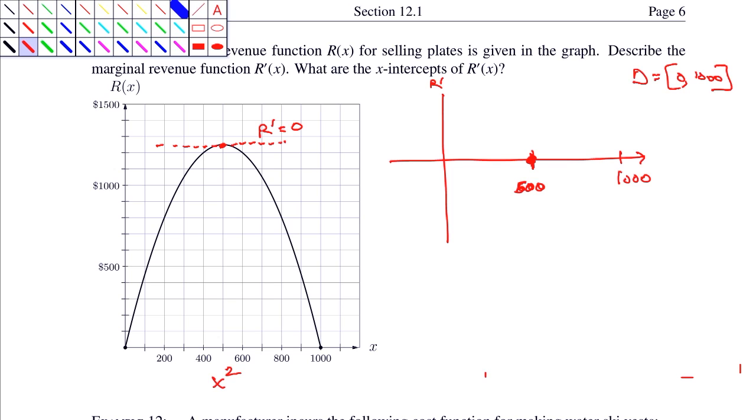The derivative of an x squared function must be just an x function, right? So it's just a straight line, like so. So what is the x-intercept of R prime? 500.